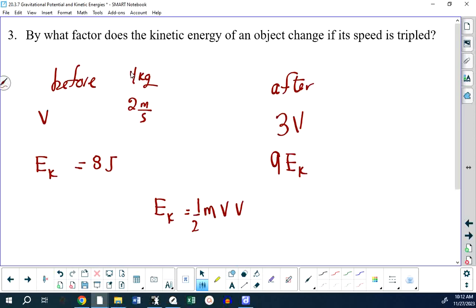Okay, take the same object, triple the speed, and calculate the kinetic energy. You're going to go 1/2 times 4 times 3 squared. I think you're going to get 72, aren't you? Oh, well, that's 9 times greater than 8. So you don't have to do it in an abstract way by looking at the formula. What you could do is just concretely pick numbers.